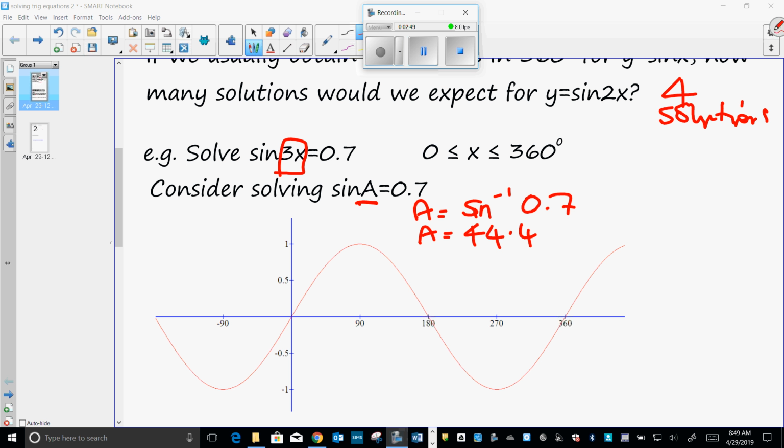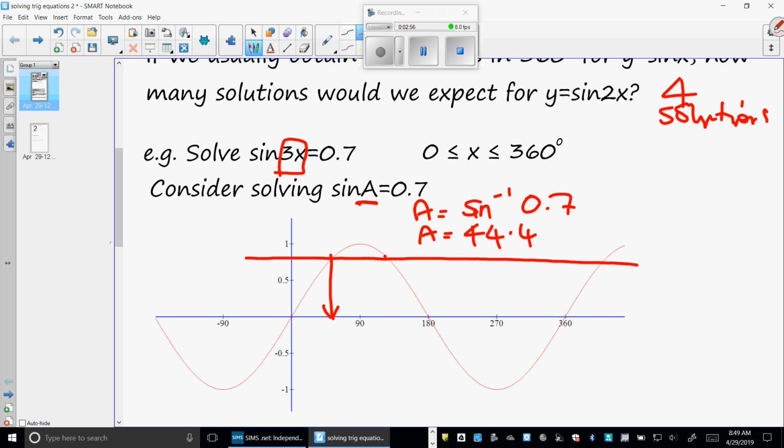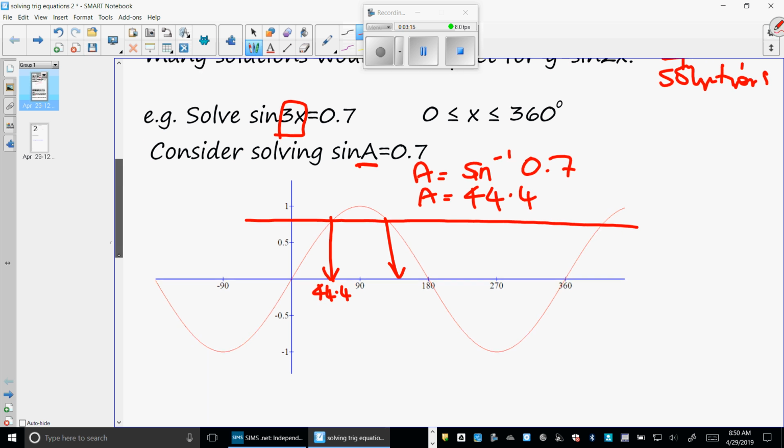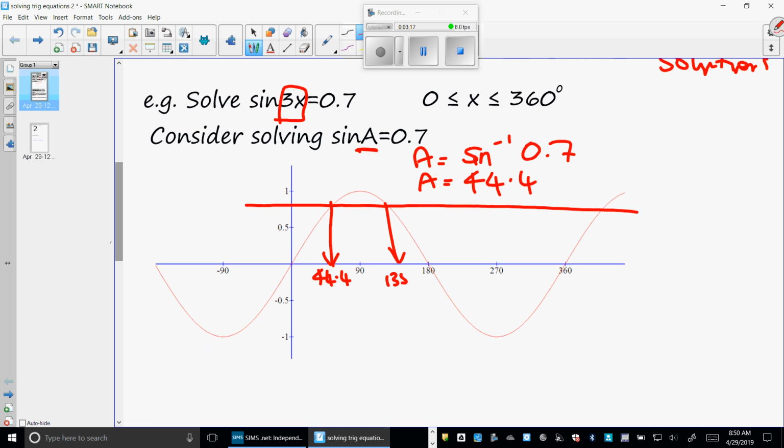We know it's 0.7, so we draw a line across at 0.7, and so we've just found this one. How do we find the other one? You would just do 180 minus. Yep. And that gives us the other. Okay, so we've got our 2 solutions between 0 and 360.